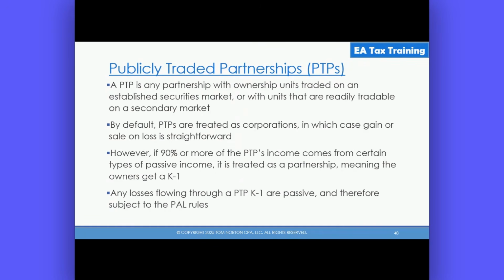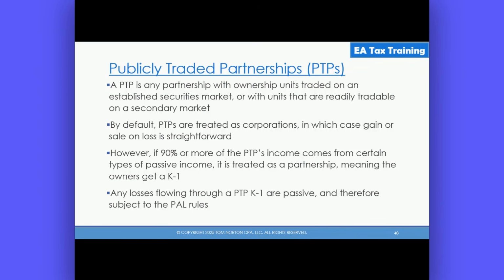A publicly traded partnership, a PTP. A PTP is any partnership with ownership units traded on an established securities market or with units that are readily tradable on a secondary market. So a PTP is a partnership that is bought and sold much like a stock. So by default, PTPs are treated as corporations.